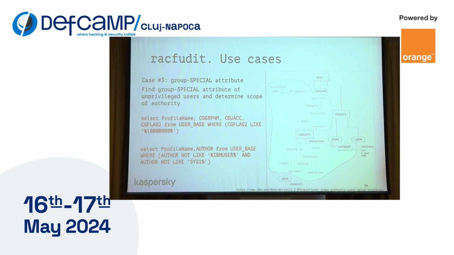Investigating the RACF database, we faced an interesting property of the user's attribute group-special. Here's an example. If a user has the attribute group-special for some group, it means that the group's access authority extends the user's access authority.